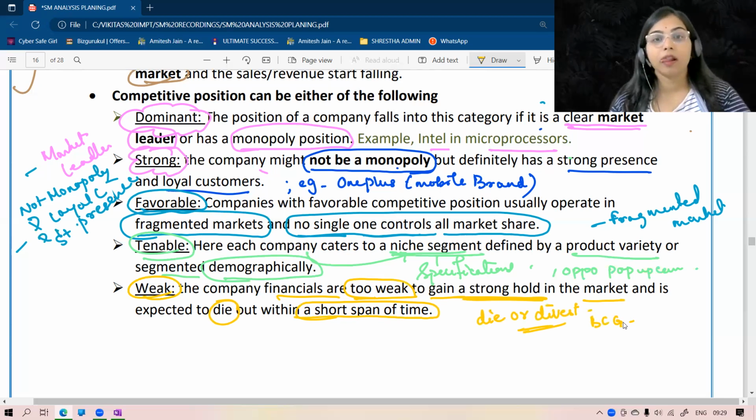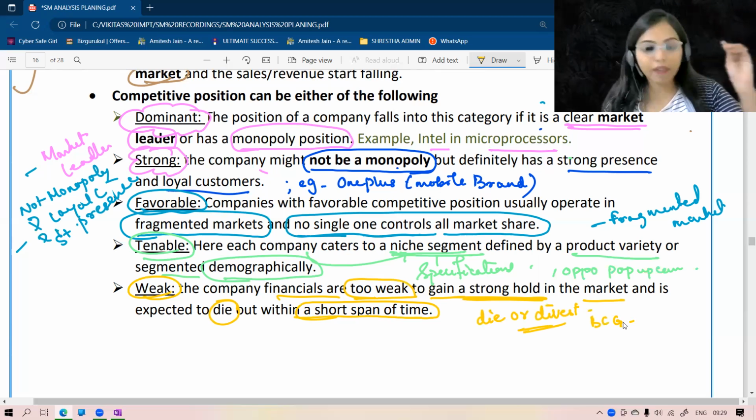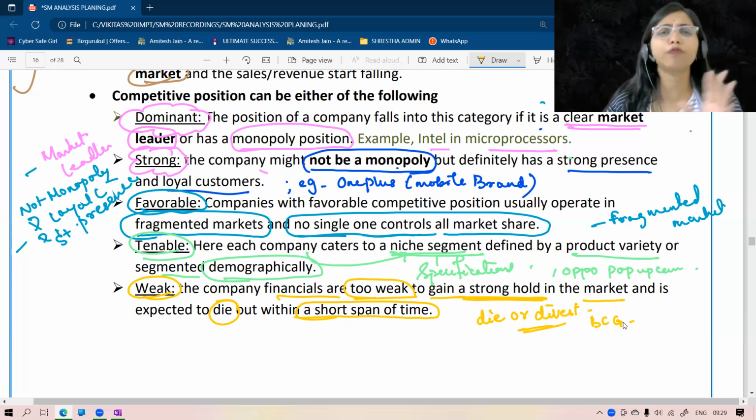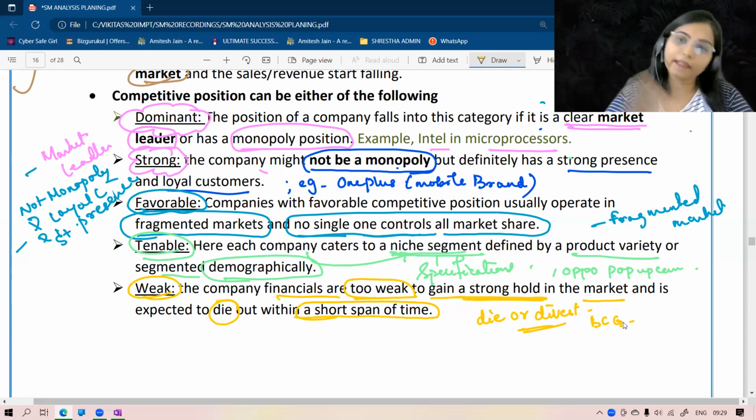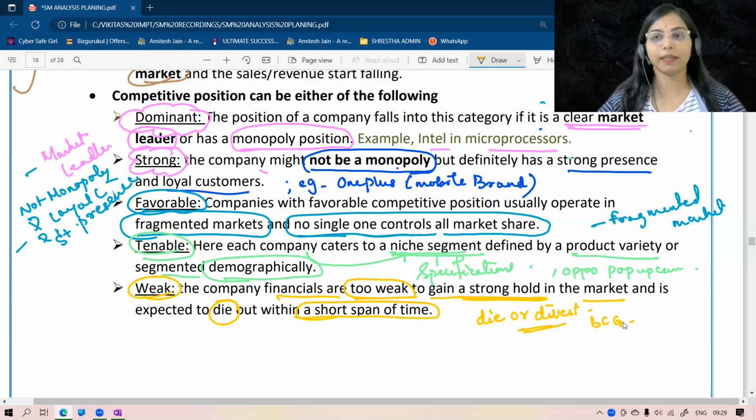Remember? Weak, where the company is totally in a downfall. It is very low, has a lot of debts, a lot of outstandings. It is too weak to gain a strong position in the market. So it is better that it declines or is removed from the market. Got it, everyone? With me?